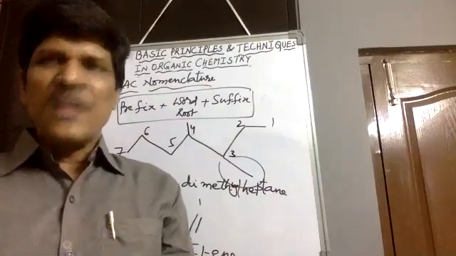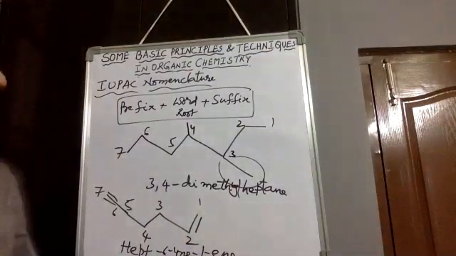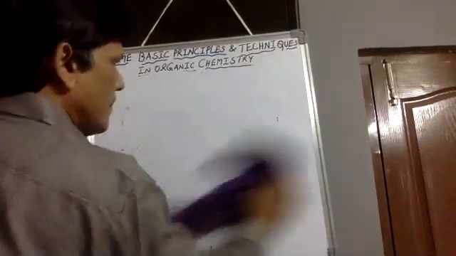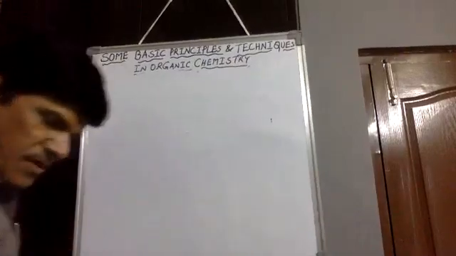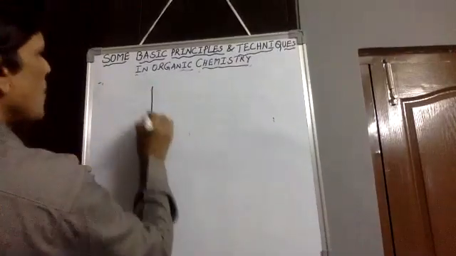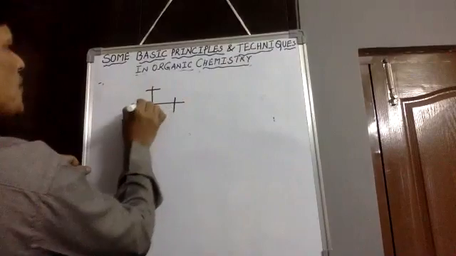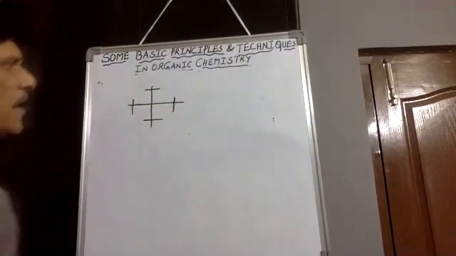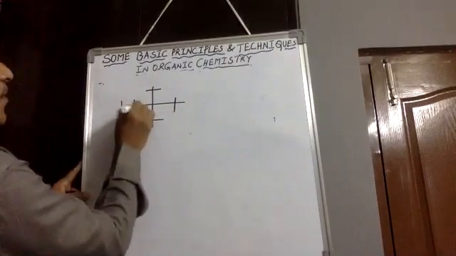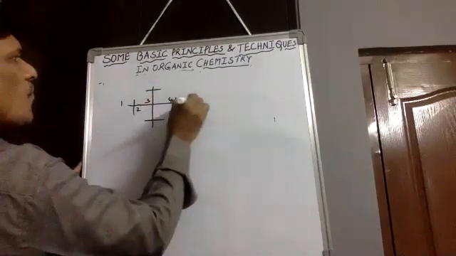If any side chains are there, suppose the compound exists like this, a carbon surrounded with 4 tertiary butyl groups. Now we have to go with the name of this compound 1, 2, 3, 4, 5.